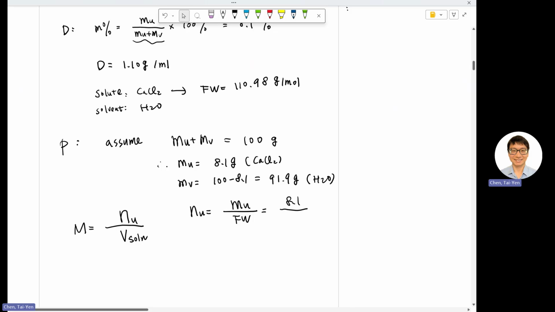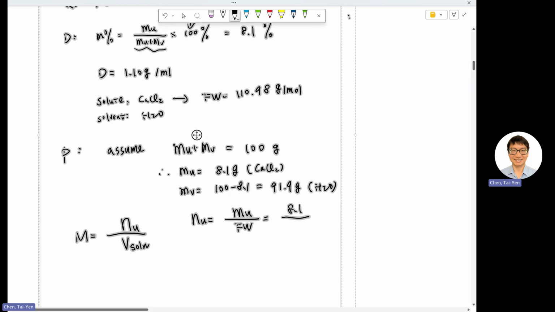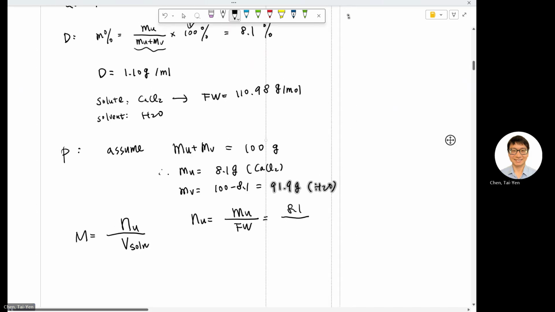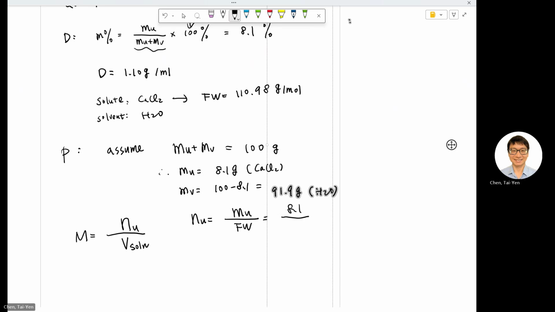Therefore, you just divide by 110.98. Then you can get the mole of your solute equals 0.073. Then you have your numerator solved.